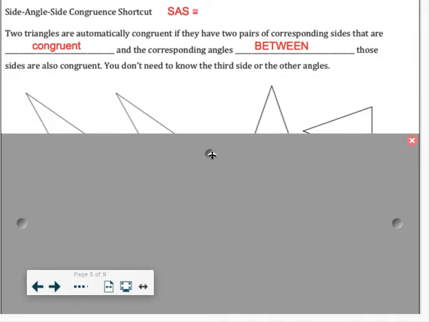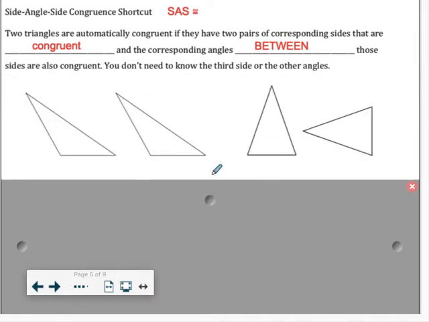Again, you don't have to know the third side or the other angles. What this might be, let's say this side is the length of 6 centimeters and 4. This angle in between is 120 degrees. 6, 120, and 4. And with just this limited information, I can say that the rest of the parts have to be congruent.